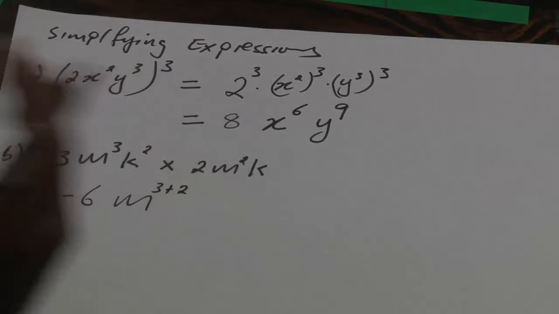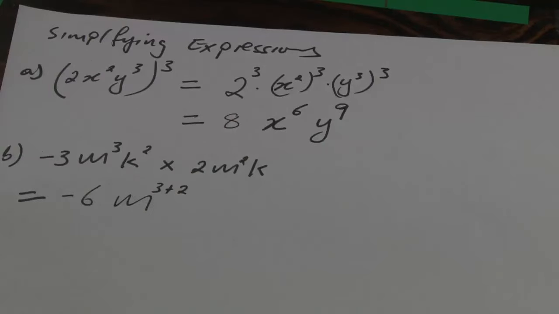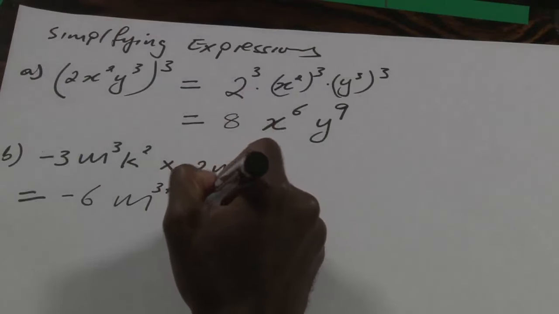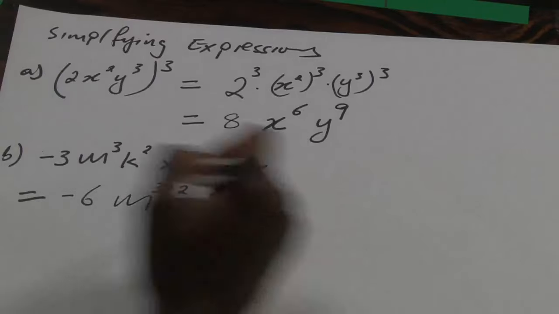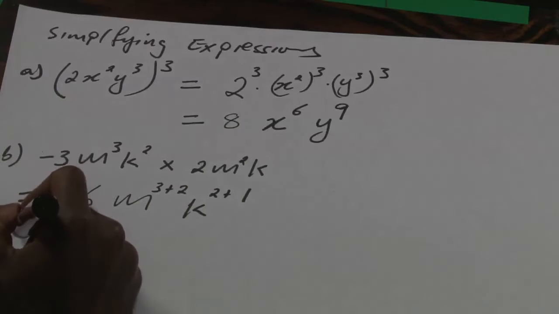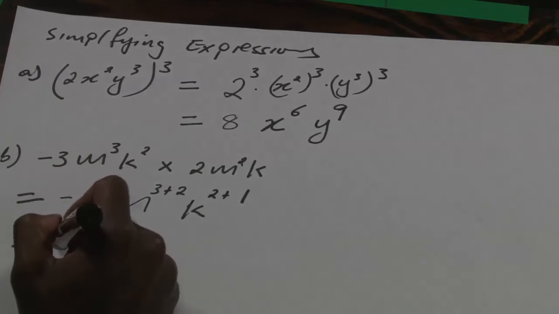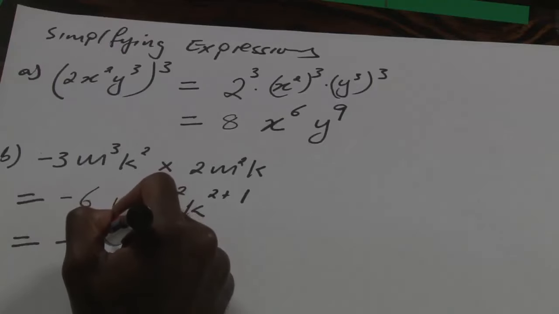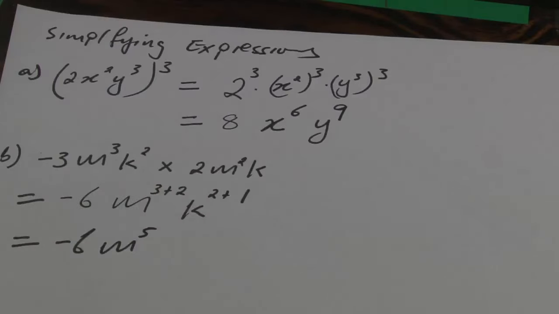And then we lastly look at k. Again, we have the same base, k to the power of 2 multiplied by k to the power of 1. And then again, we can write that as k to the power of 2 plus 1. And then simplifying that, we get -6, and then m to the power of 3 plus 2, we get m to the power of 5.